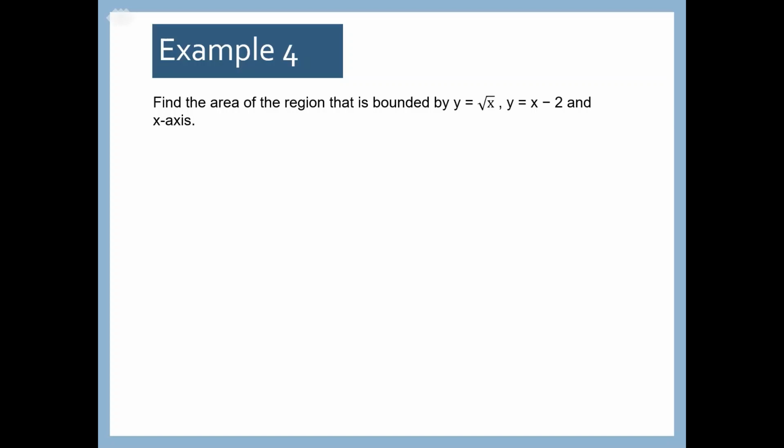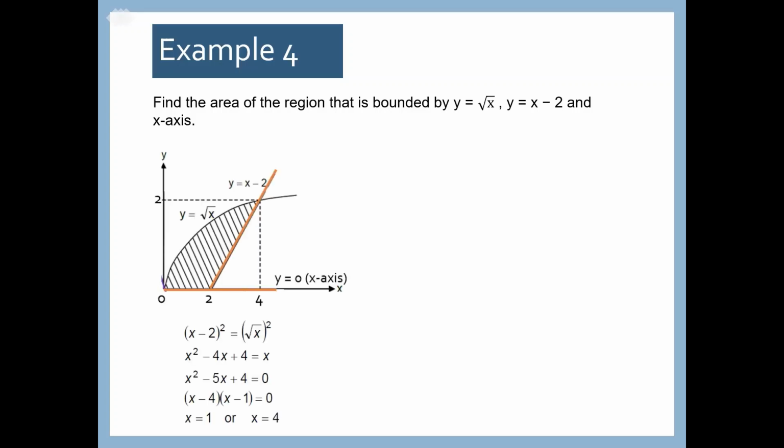Find the area of the region that is bounded by y equal to square root x, y equal to x minus 2, and the x-axis. Given that y equal to square root x, y equal to x minus 2, and y equal to 0, which refers to the x-axis, are represented by the following graph.